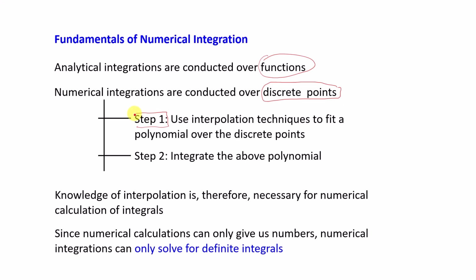Step 1 is we use the technique that we have learned in interpolation, specifically Lagrange polynomial interpolation, and we try to fit a polynomial through these discrete points. Once we have the polynomial, in step 2, we integrate the polynomial using usual analytical techniques.